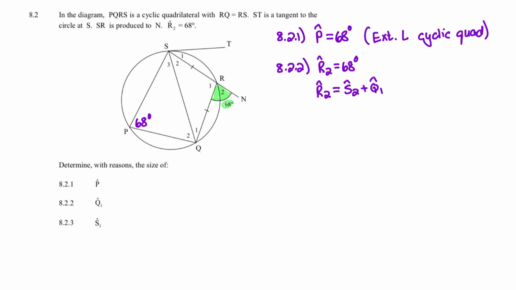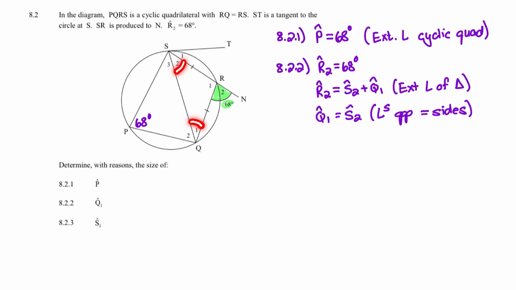And the reason would be exterior angle of a triangle. But we can see that Q1 is equal to S2, and the reason is angles opposite equal sides. So we're making S2 equal to Q1.